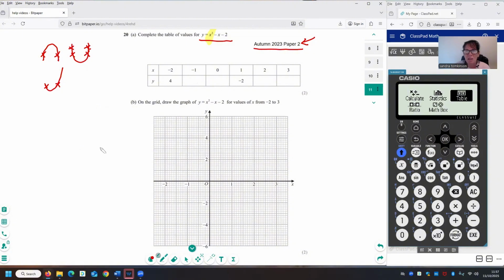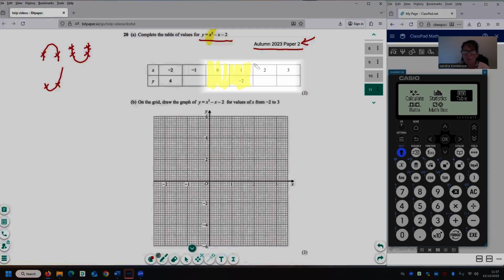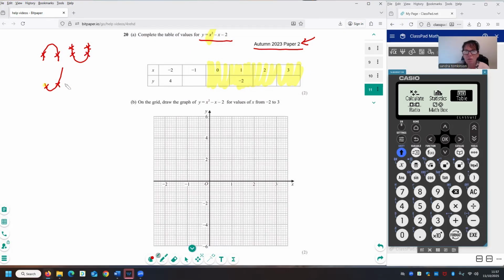Now, when we complete the graph, we ignore the minuses first. The minuses are where the negative numbers are, where people make mistakes. So always start with this part first. And remember, we're looking for two numbers the same, which are going to help us. So I'm going to take my equation, x squared minus x minus 2. I'm going to take my x value first as 0.